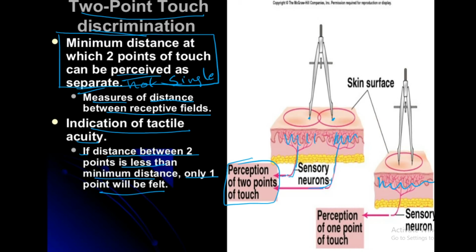Okay, what is the actual concept here? I will tell. This is a receptive field, and a receptive field is the area from which a neuron receives its impulse. Each neuron has its own receptive field.